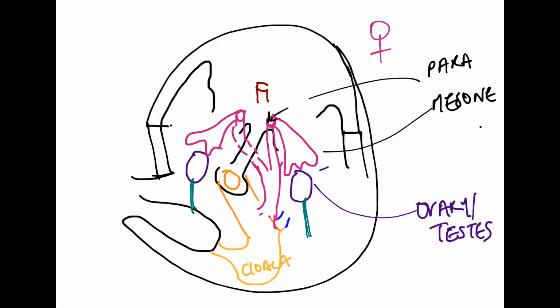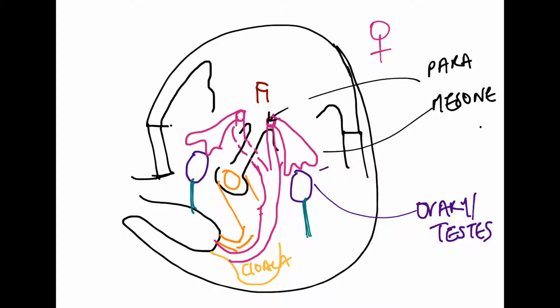Eventually the cloaca will split into two, and it will form the urethra and the vagina. So this will be the urethra, and right here will be the vagina.